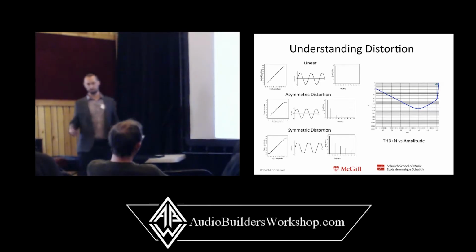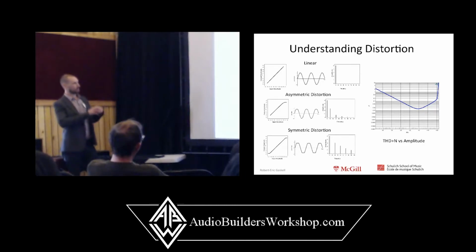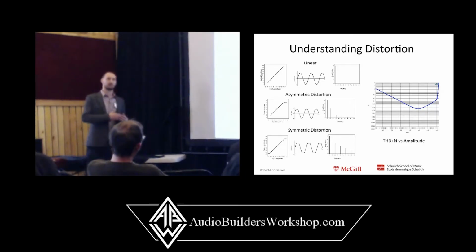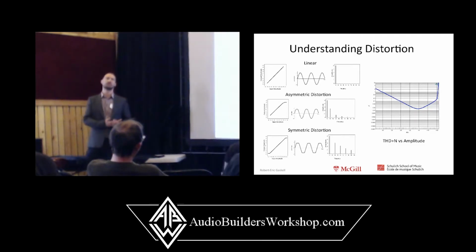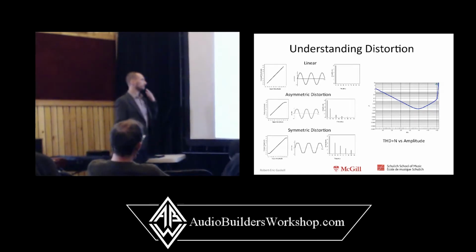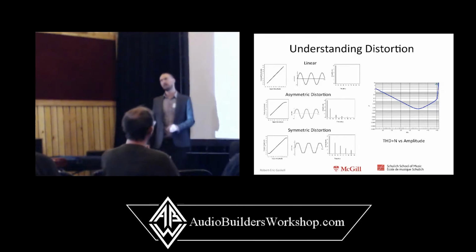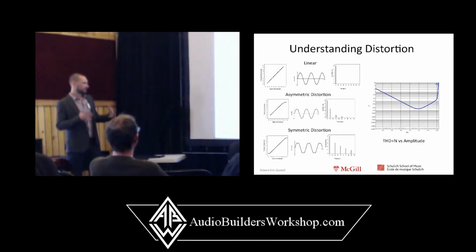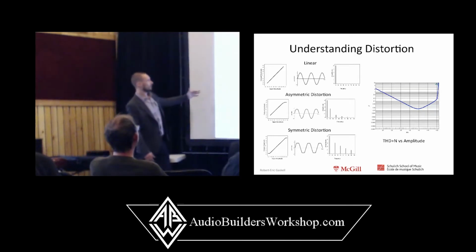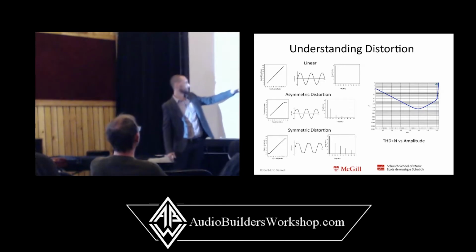But if I have a nonlinear situation, I will get distortion, which is the addition of energy at different frequencies besides the fundamental. So if we talk about harmonic distortion, we're going to create extra energy at integer multiples of the frequency of the fundamental. Here's an example of asymmetric distortion.